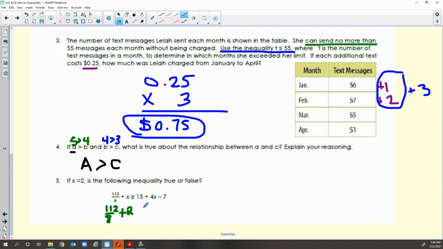We have is greater than or equal to 15 plus, that was a horrible 15, sorry guys, 4 times x equals 2, we plug and chug, minus 7.